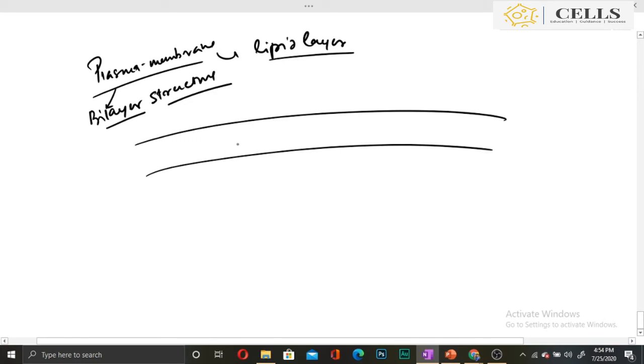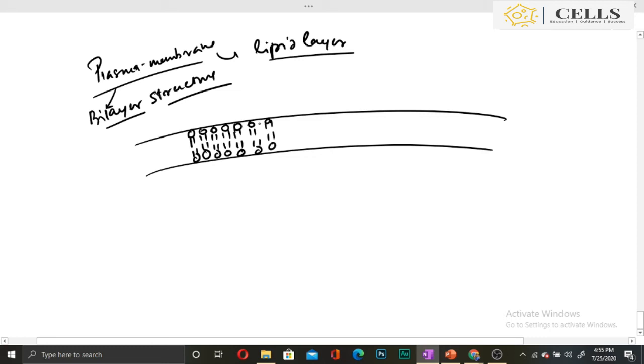Now what is present, see this very carefully. These are the lipid layers, which are mainly the phospholipids, which I have mentioned. Normally the phospholipids are present, and this is how the bilayer structure is present.